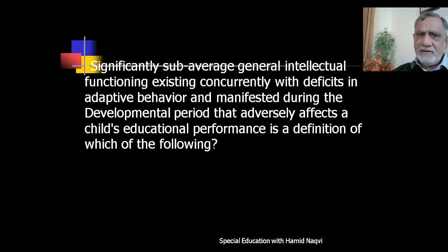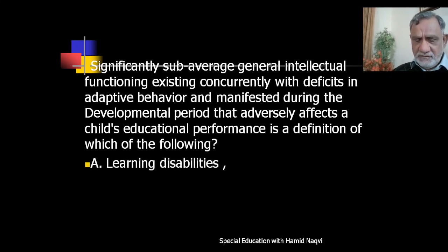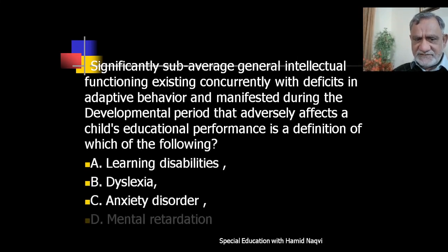Significantly sub-average general intellectual functioning existing concurrently with deficits in adaptive behavior and manifested during the development period that adversely affects a child's educational performance is the definition of which of the following? Learning disabilities, dyslexia, anxiety disorder, or mental retardation.